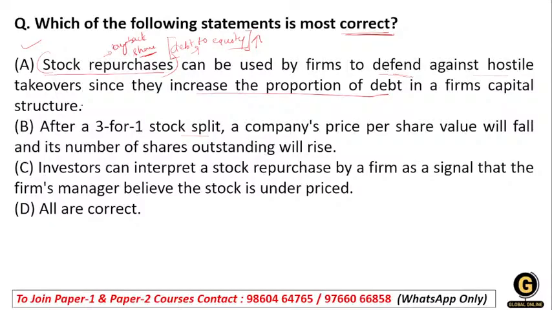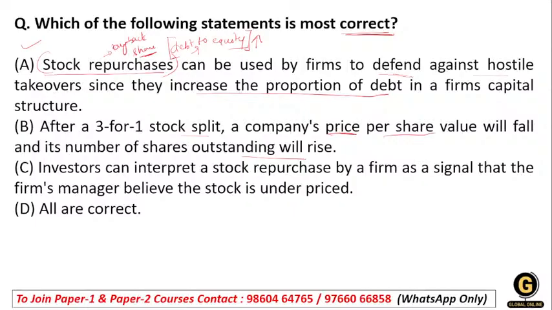Then we have: after a 3-for-1 stock split, the company's price per share will fall and the number of shares outstanding will rise. So whenever the number of shares outstanding increases, the total market value of the company remains the same, isn't it?